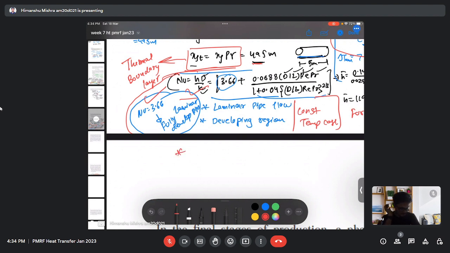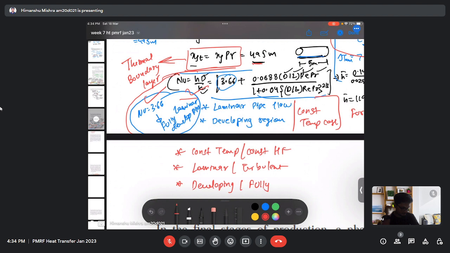First, whether it is a constant temperature or constant heat flux, then whether the flow is in laminar or turbulent region, then whether the flow is in developing region or fully developed. So these three criteria you need to ensure before using any correlation for the Nusselt number.